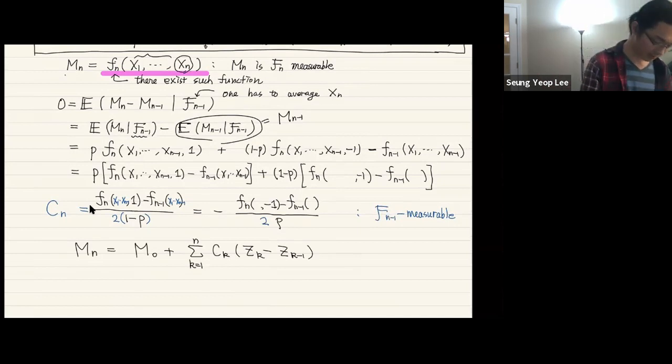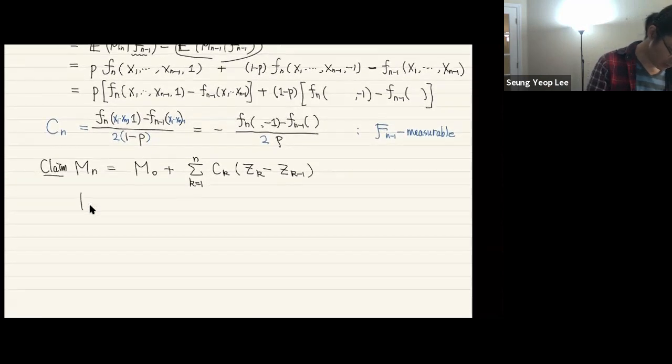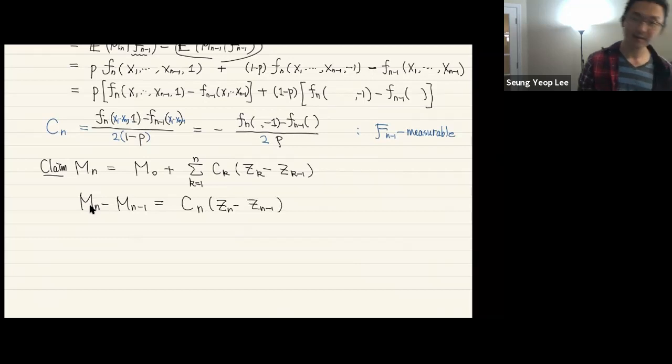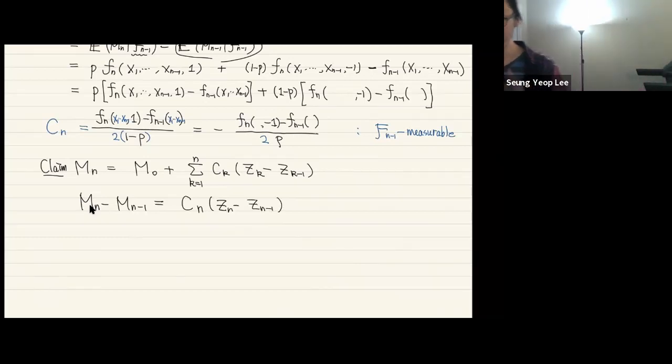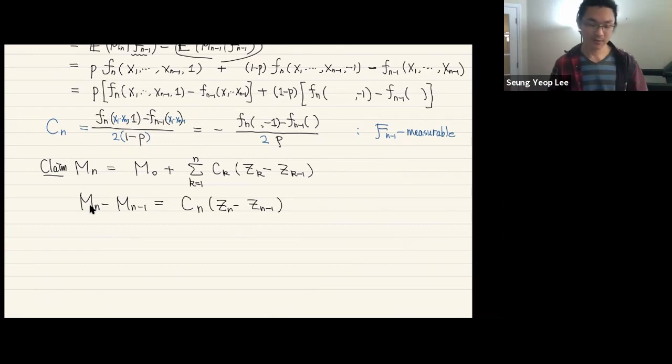Claim. To prove that, we only need to prove the following: Mn minus Mn minus 1 is Cn times Zn minus Zn minus 1. Then by induction, this is true, right? So it's enough to show.